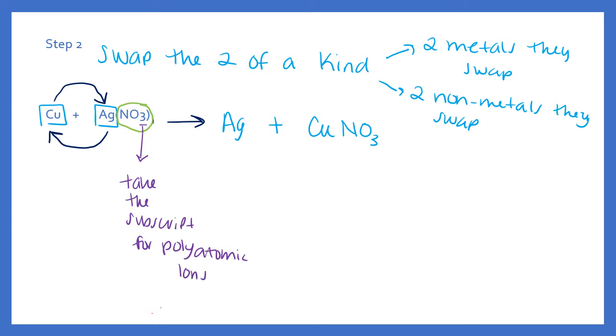Technically, if there was a subscript out here, you wouldn't take that one. So you can take the subscript in the parentheses for polyatomic ions, okay? All right, so we swap the 2 of a kind. So if we have 2 metals, we swap the metals. If we have 2 nonmetals, we swap the nonmetals. So we have 2 groupings of metals, the copper and the silver. They swapped places. So the silver stood alone and the copper is now bonded to the NO3.